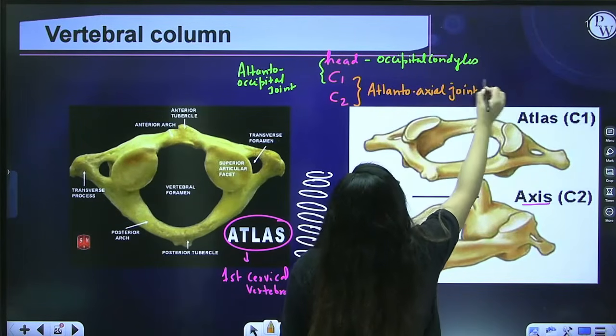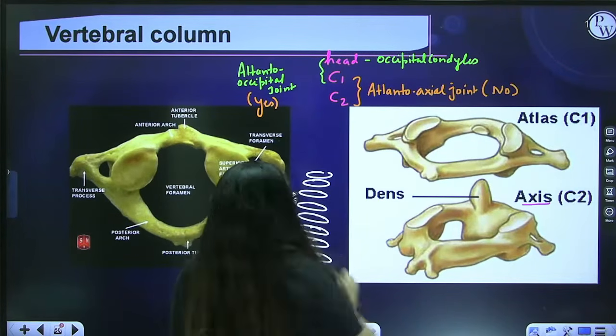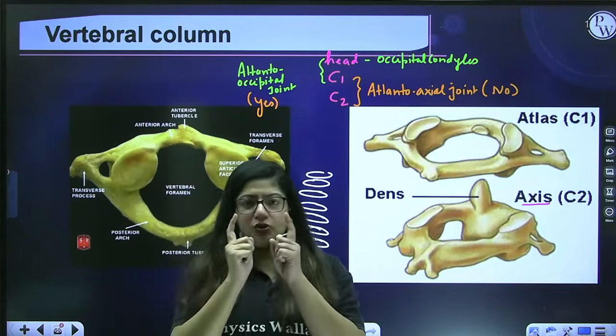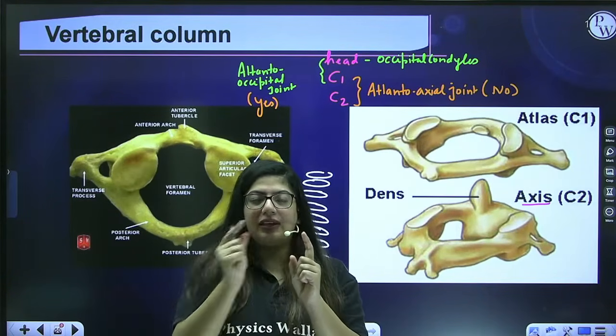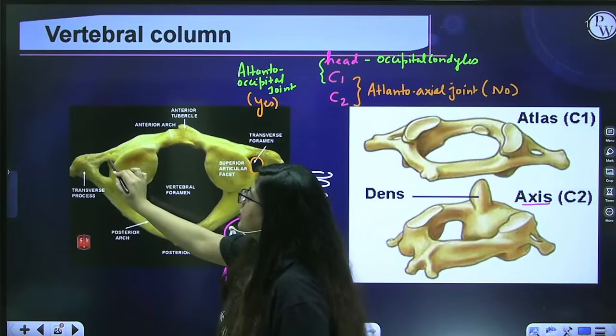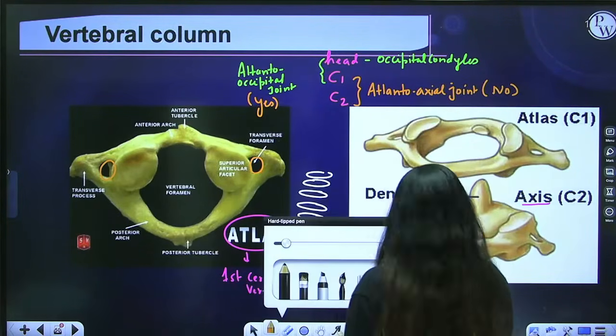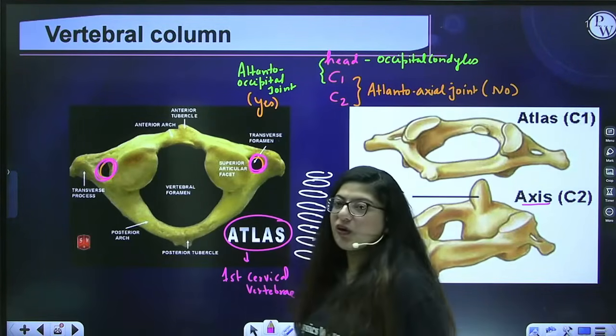The atlantoaxial joint helps you to say no, and this one helps you to say yes. For example, these are two occipital condyles, and here is the atlas, and this is how it is fixed. On these processes, your occipital condyles get fixed.